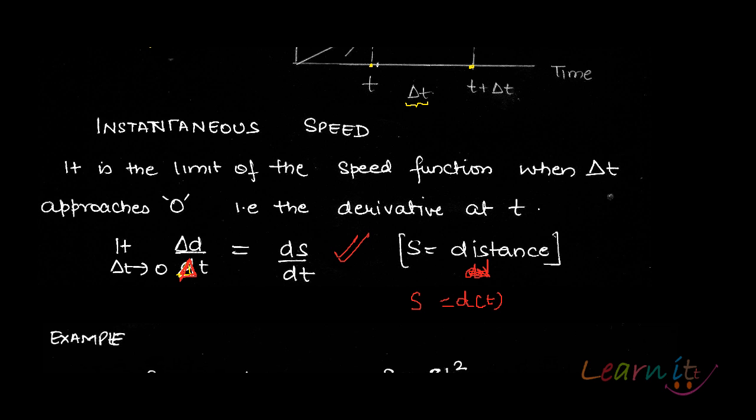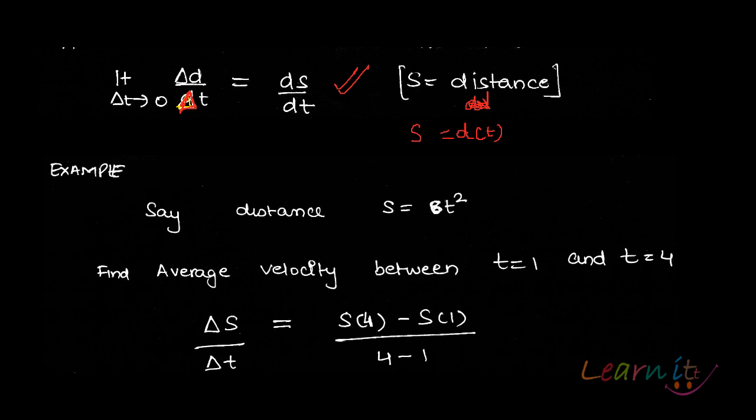Now let me give you an example of what we are actually talking about. Say my distance is 8t square. Find the average velocity between time t equals 1 and t equals 4. Average speed or average velocity, I've told you, is nothing but delta f upon delta t, right?